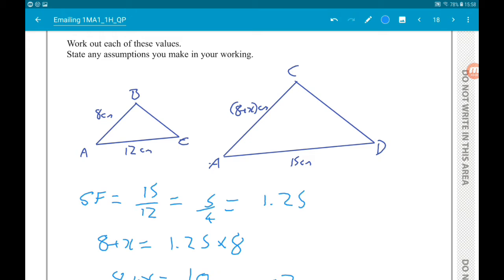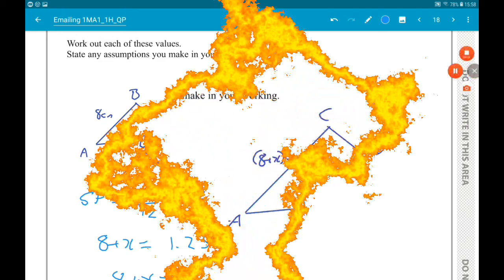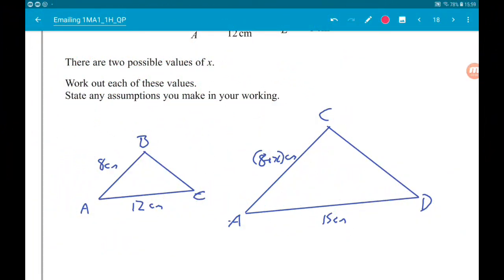Okay, let's do case 2. Okay then, so this way around we're saying that AD, so this length, corresponds to AB, so that length.